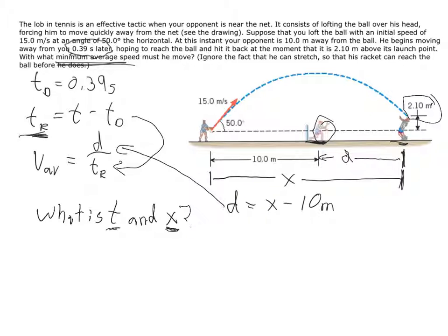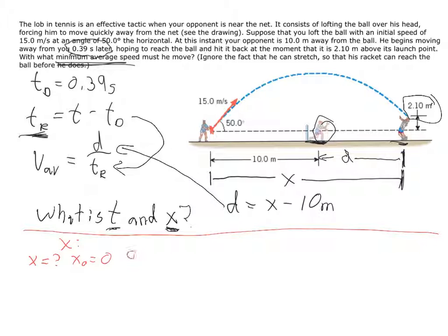So to help you get organized here, I'm going to break things down into X and Y components using two different colors. So I'm going to start just with my X direction and X variables. So I know that X final, we don't know, we're trying to find. X initial, I'm going to go ahead and call 0. So I'm defining this as the starting point and the 0, 0 point on my axes.